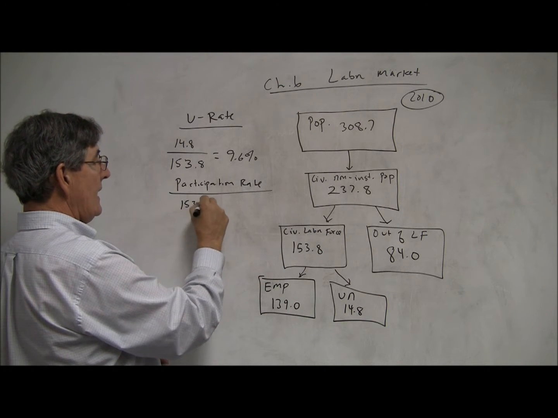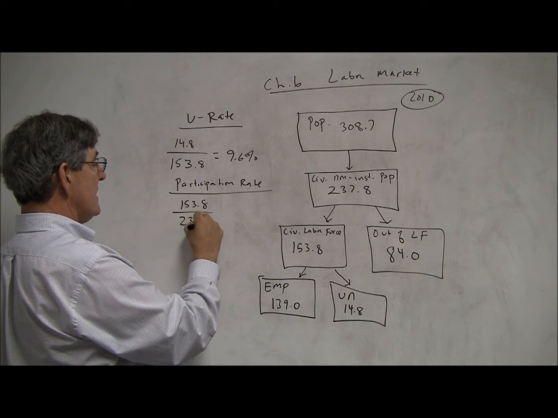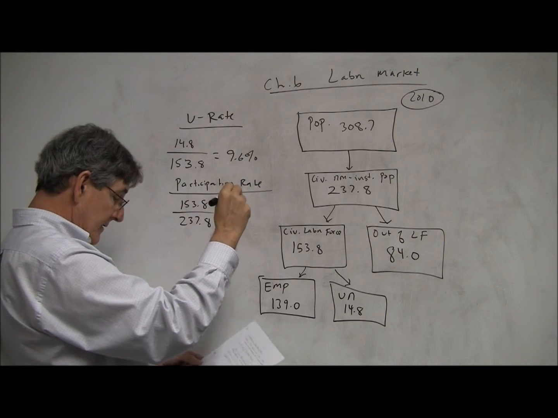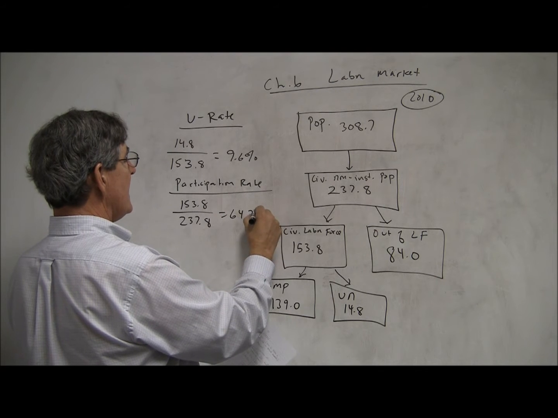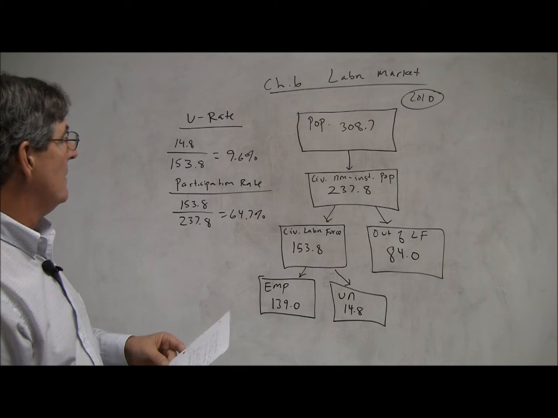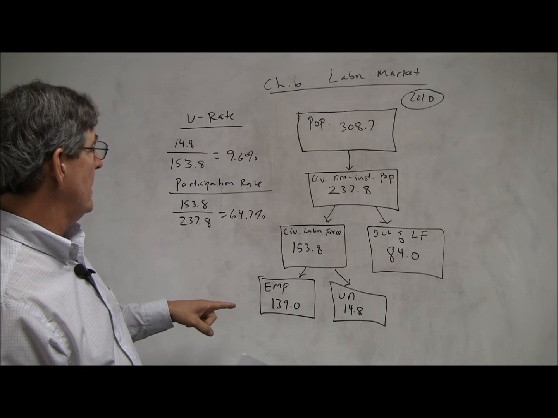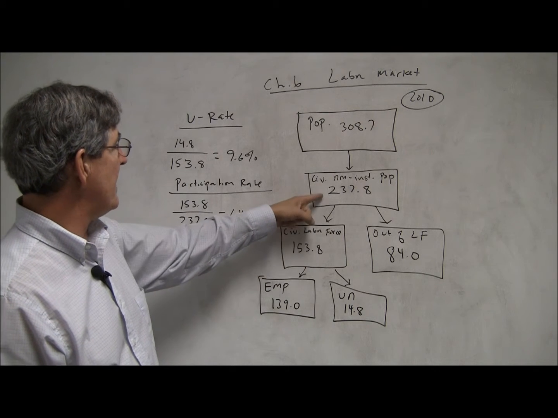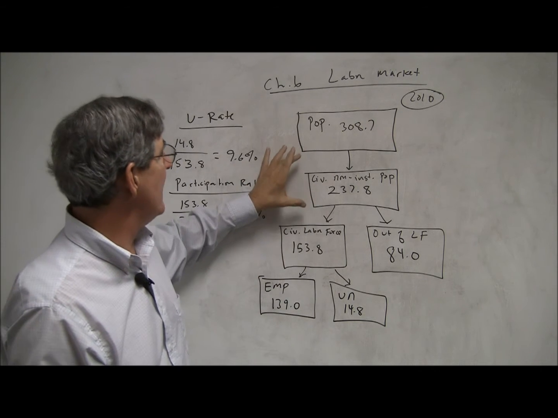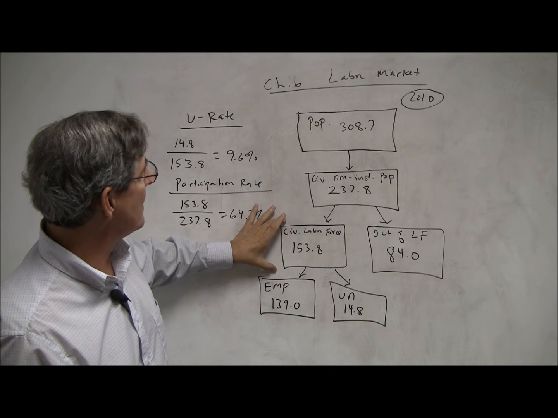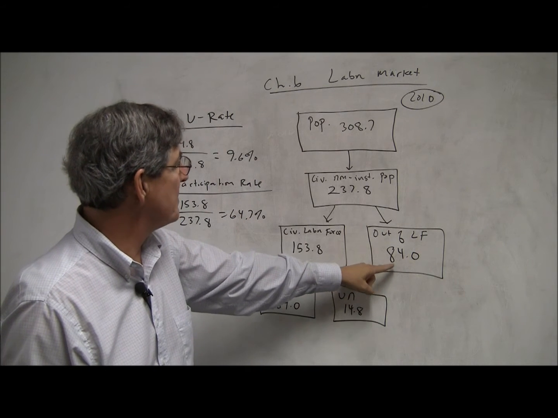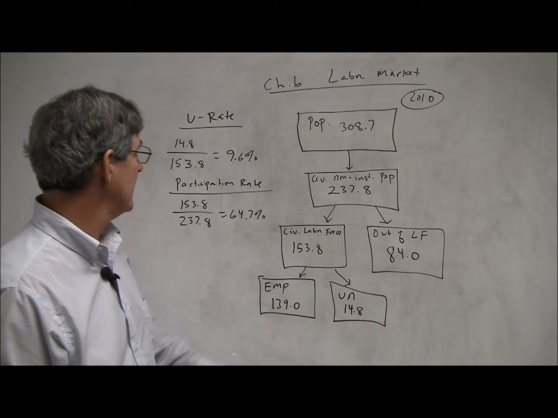So that's 153.8 divided by 237.8, and that turns out to be 64.7%, which is actually historically a little bit low, partly because of the recession. But so that's this number divided by that number. So you take the population who could be working, and you divide it by the number who actually want to work. This would be the non-participation rate would be that over that.